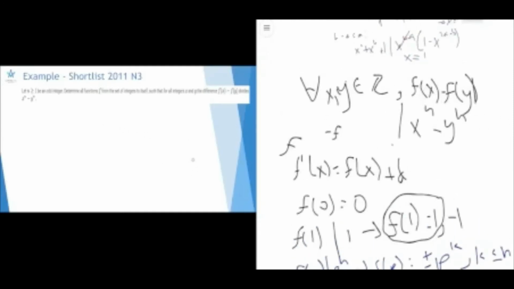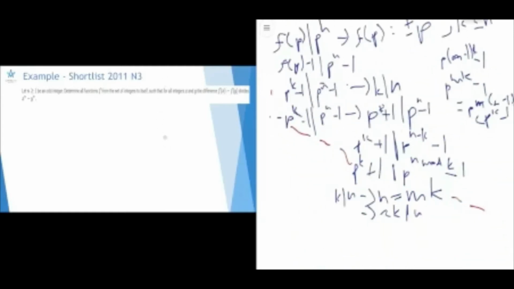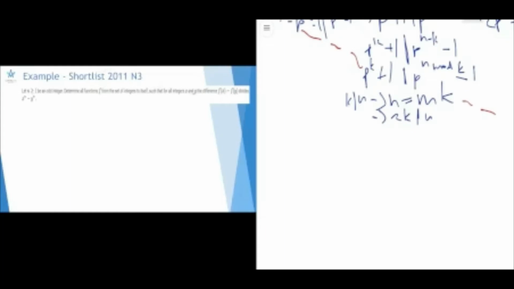So we're going to plug in x equals p and keep y. So now we have f of p minus f of y divides p to the n minus y to the n.